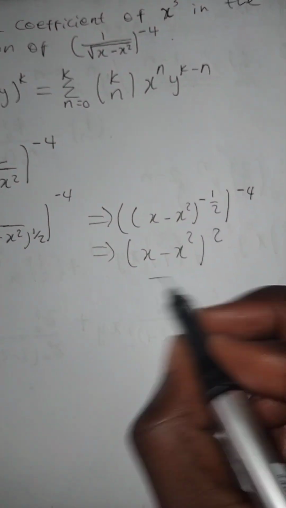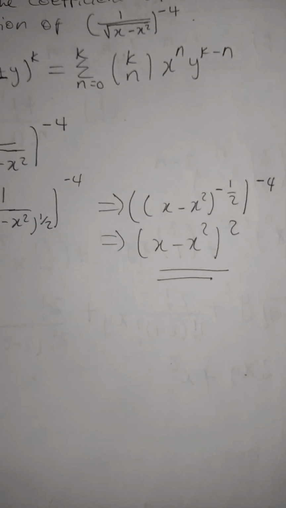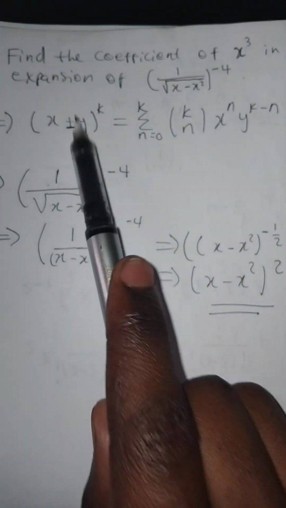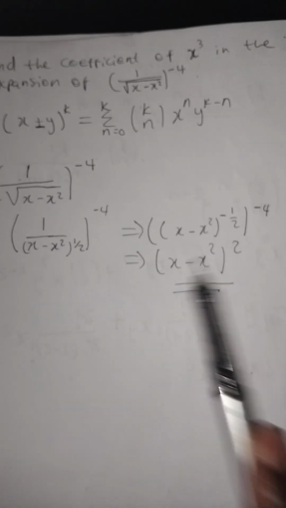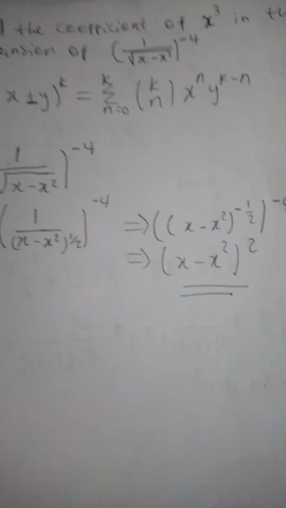So now we have this. Are we able to apply the binomial theorem yet? No, we cannot yet apply it because here we have a negative sign. What we are chasing is a positive sign in between the two terms. So to get a positive sign, what can we do? That is simple.